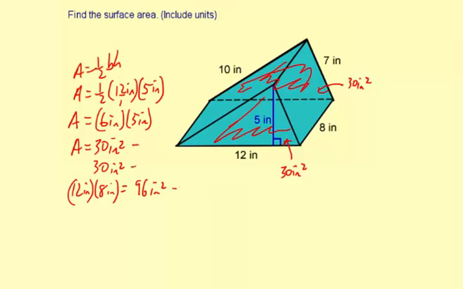So now we need to find the 7 by 8 rectangle, which is this guy right here. And that is 7 inches times 8 inches, which is 56 square inches. Okay, so that's 4 of the 5 faces or sides. And the last one is this one right here.